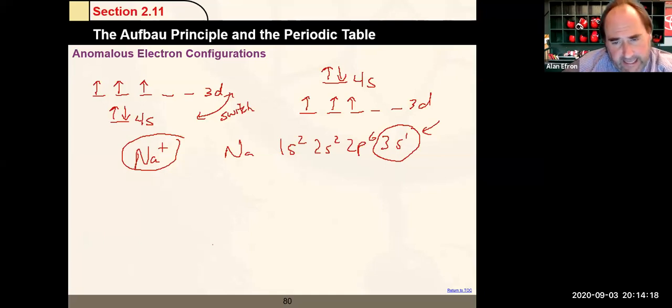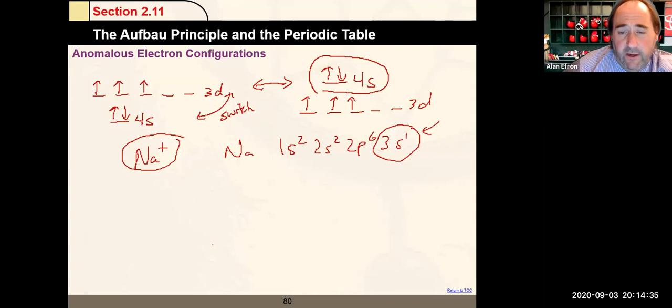In transition metals, something different occurs. Because we have this switch in energy, when transition metals go to lose electrons, the very first electrons they lose, especially the first row transition metals, are these s electrons. So they lose these guys first.